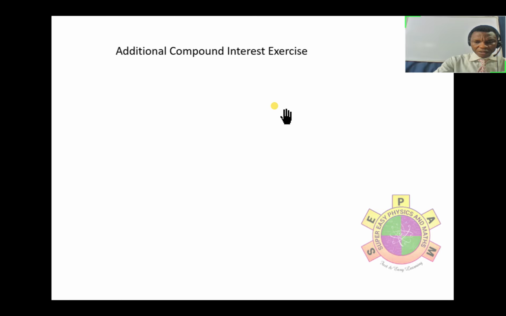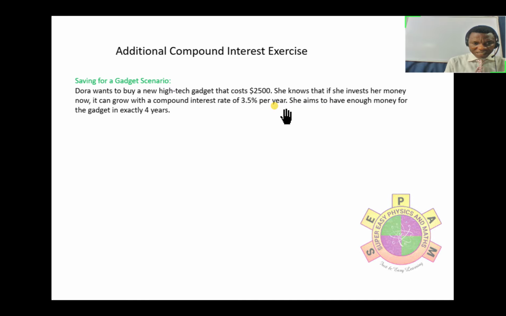Okay, so I have an additional exercise for you to be able to master this compound interest. Let's look at this one. Saving for a gadget scenario.